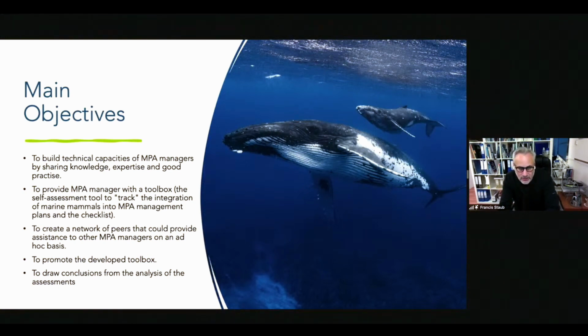The main objectives of the twinning are to build technical capacities for MPA managers by sharing knowledge, expertise, and good practice, to provide MPA managers with a toolbox that will be presented to you just after my short presentation, and to create a network of peers that could provide assistance to other managers on an ad hoc basis.